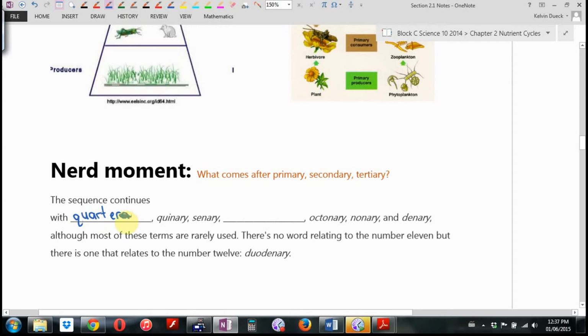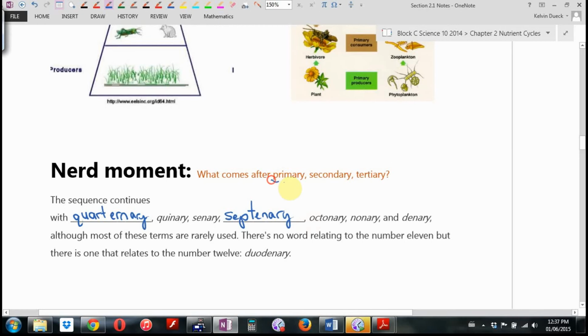Quinary. Senary. Septenary. Octonary. Nonary. Denary. Although most of these terms are rarely used. I couldn't find a word relating to the number 11, but I did find one that relates to the number 12. It's duodenary.